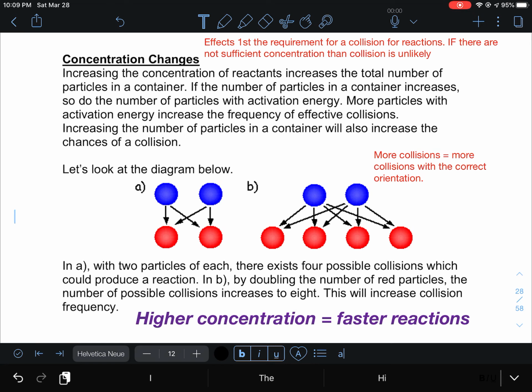So that's really what we're trying to do in those examples.